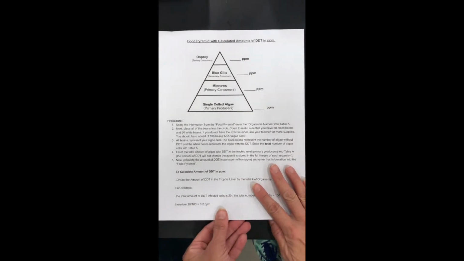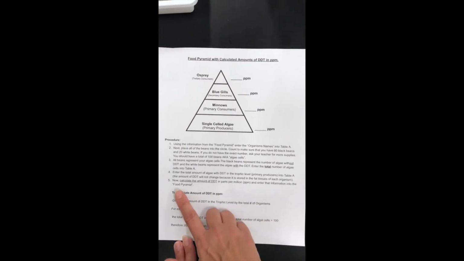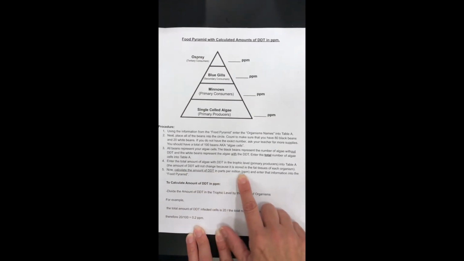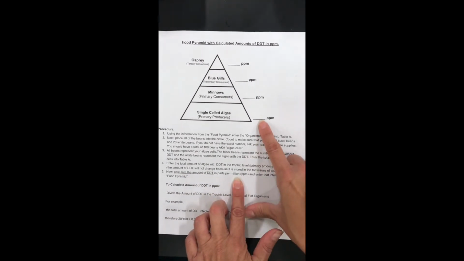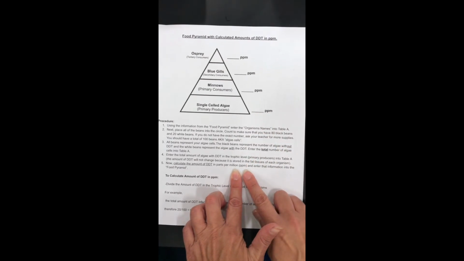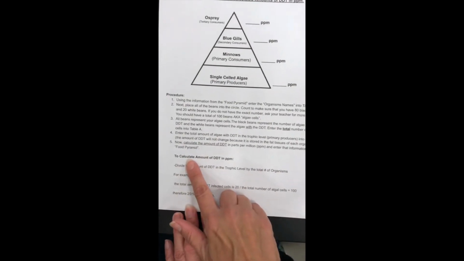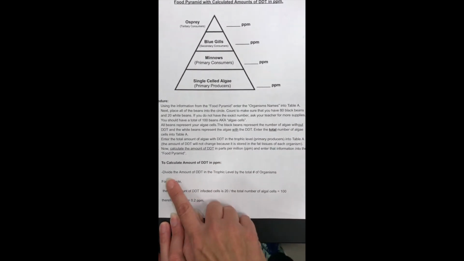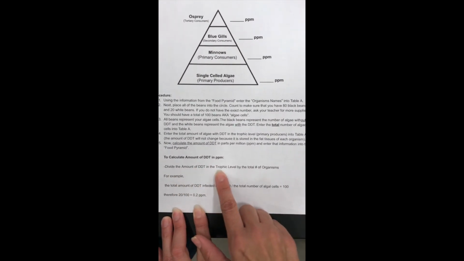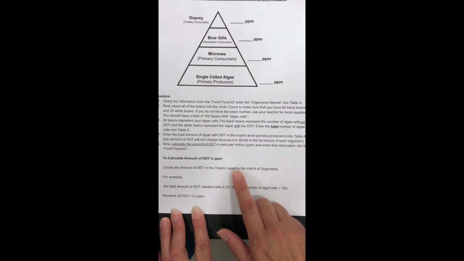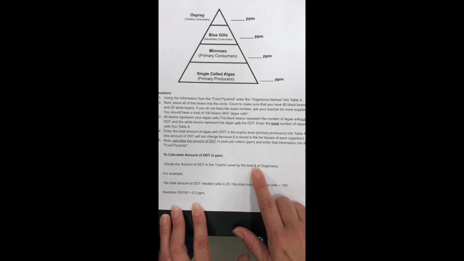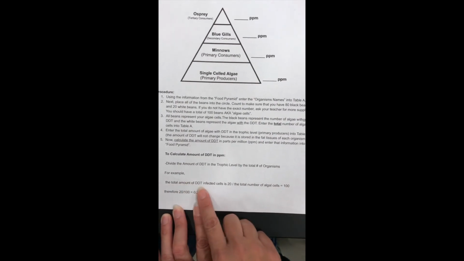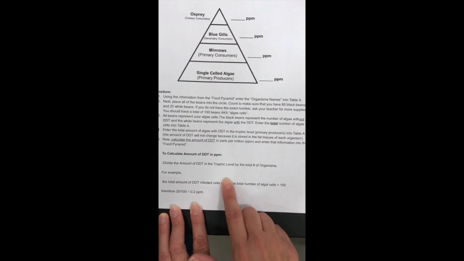And then finally, now that you have all that information, you can now calculate the amount of DDT in parts per million, and then you're going to enter that information here. And then this is how you do that. So in order to calculate the amount of DDT in parts per million, that's ppm, you're going to divide the amount of DDT in the trophic level by the total number of organisms. So for example, the total amount of DDT with the infected cells is 20.